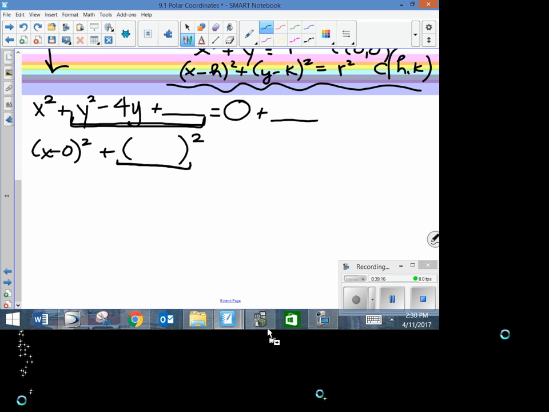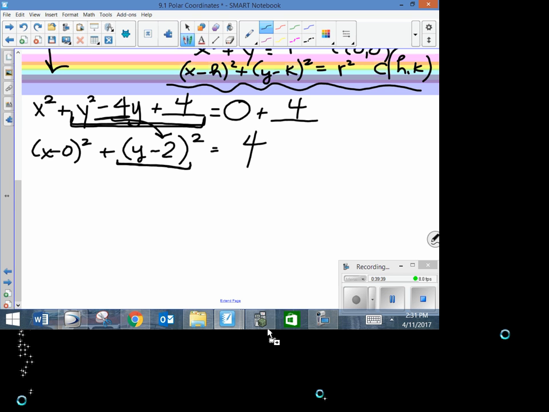Clear? Okay. That's not usually the order, but where did 4 come from? Yes. So you take half of this -4, remember you put it there, you square it and add it to both sides. Okay, good job, Claire. So 0 plus 4 is 4.